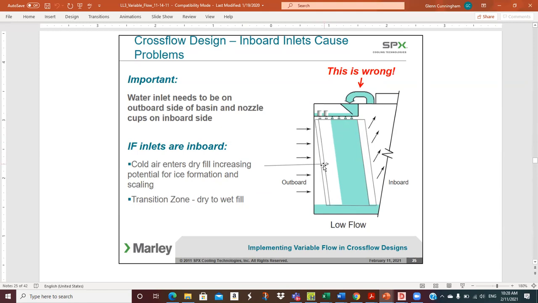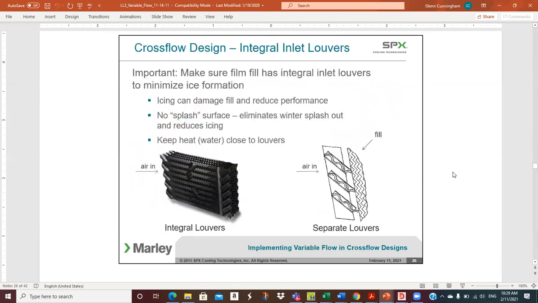Having just a slight bit of moisture out here, that stuff's going to freeze like crazy because it doesn't have enough heat capacity to not freeze. Okay, so transition zone, dry to wet fill. You don't want to do it this way. And I'm sure that was probably discovered by trial and error, I don't know, back in the day.